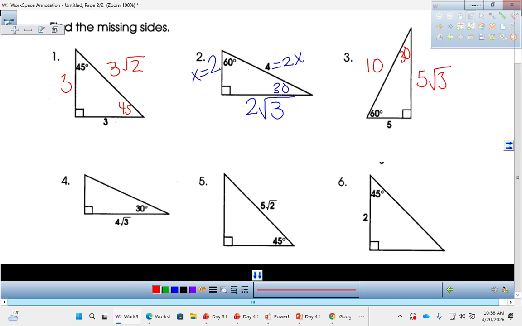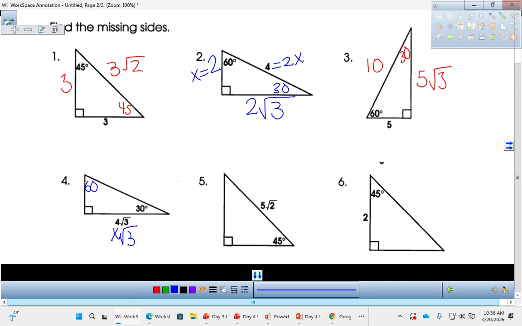All right. Number 4 here, my triangle is a 30, 60, 90 because I've got the 30-degree angle there. So opposite of the 60 is my small side length times root 3. You can see if I set that ratio next to each other that there's a 4 in the x spot.